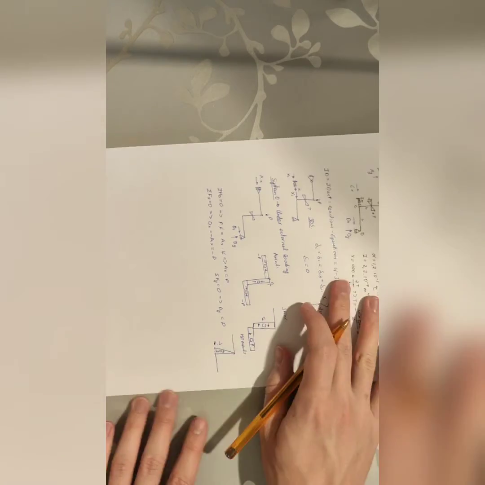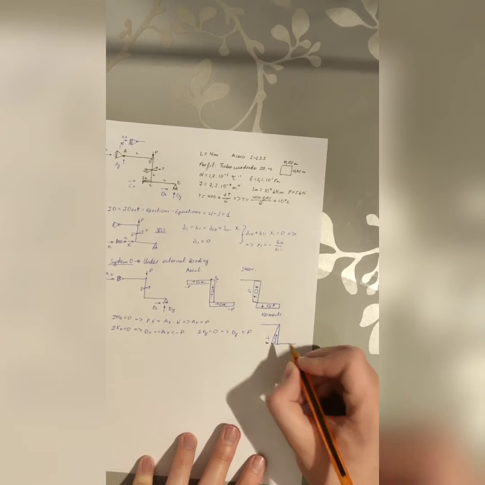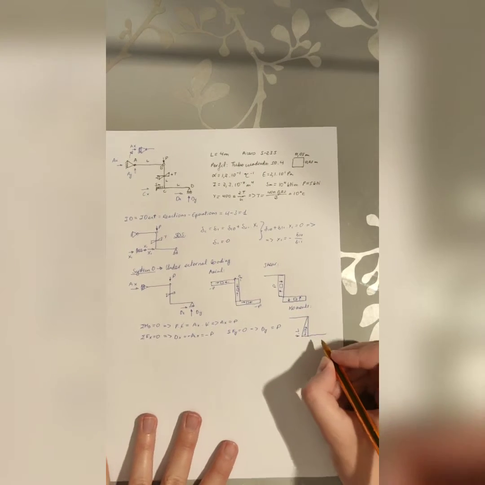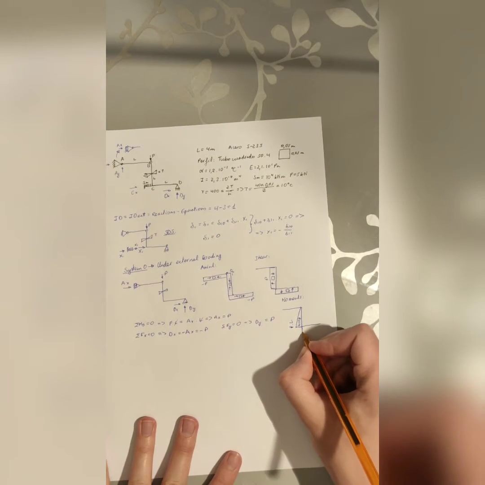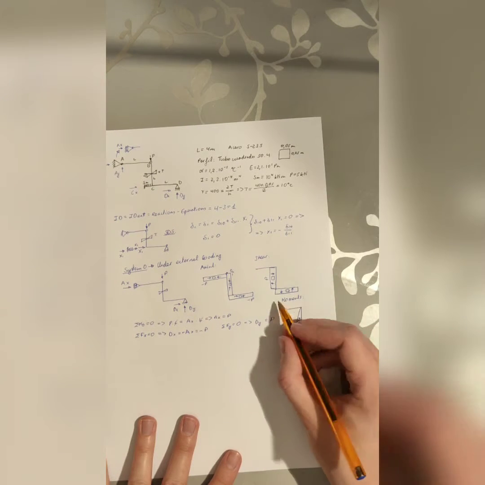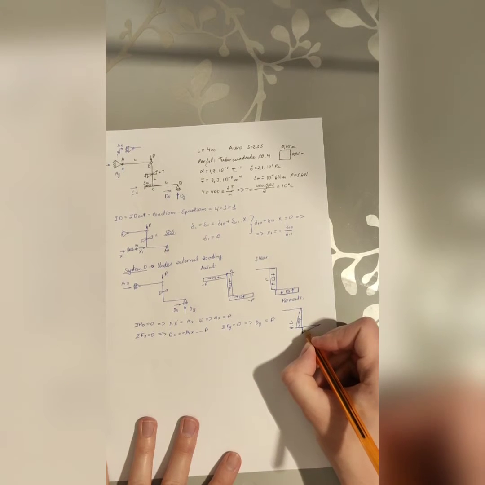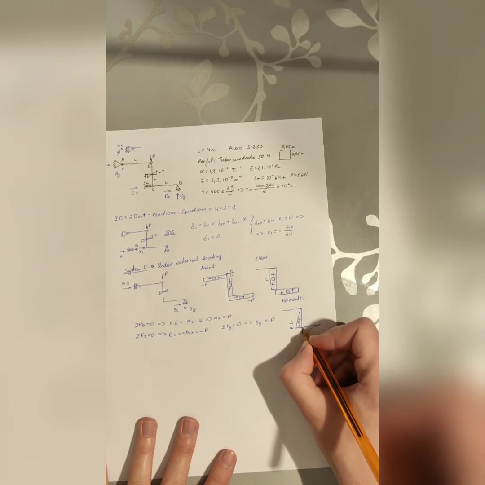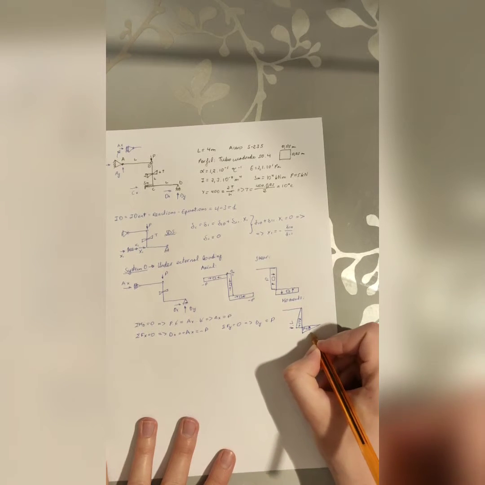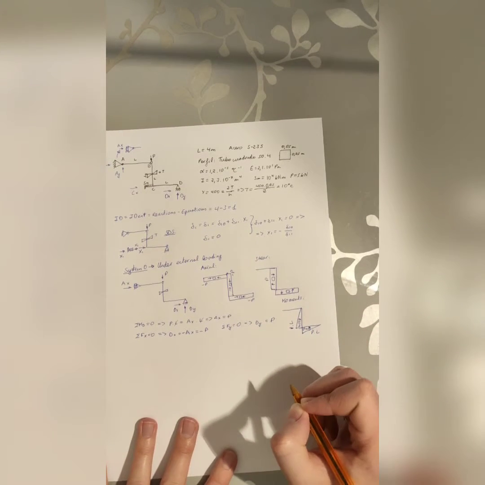The superior fibers are in tension. There is no hinge, so it transmits the moment. And as we can see here, this is negative, so it grows. And this is the same, P times L as well at this point.